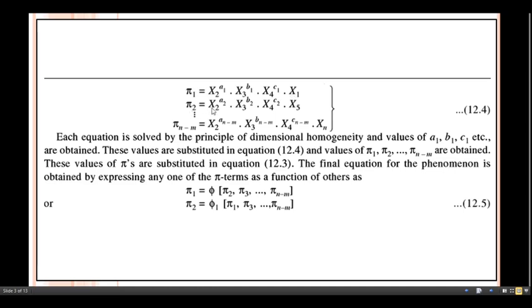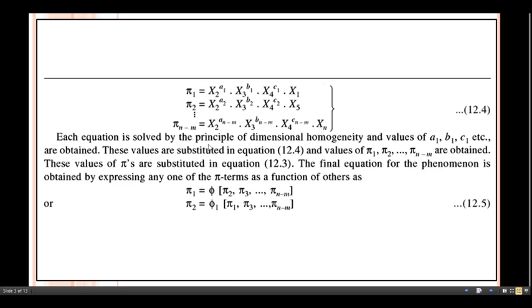Next, pi 2 is x2 raised to a2, x3 raised to b2, x4 raised to c2, into x5. At last, we can write the pi term as pi n minus m equals x2 raised to a n minus m into x3 raised to b n minus m into x4 raised to c n minus m, multiplied by xn.